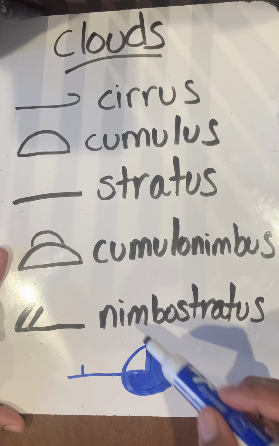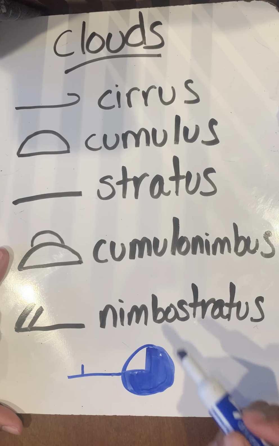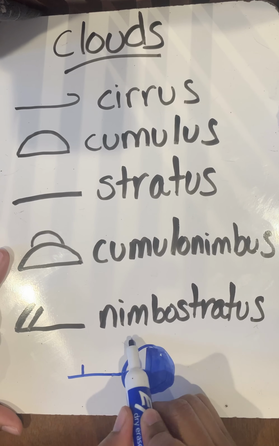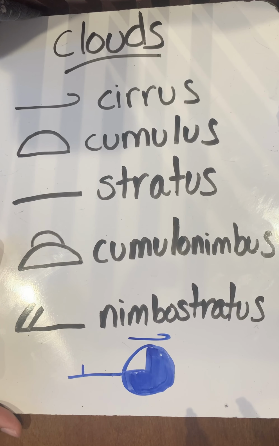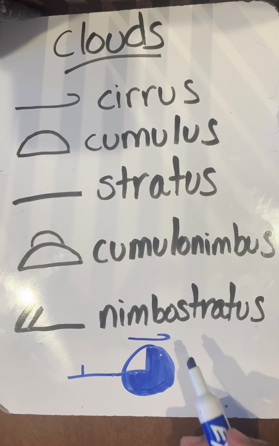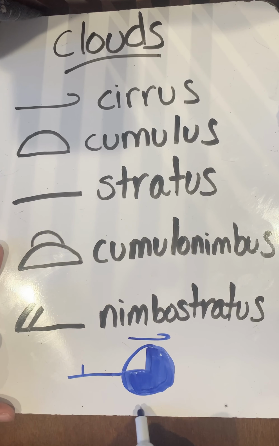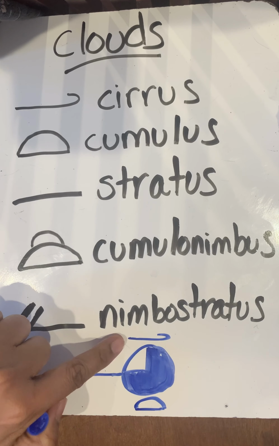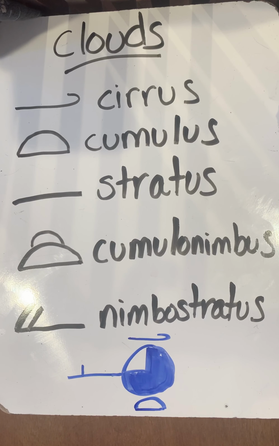Let me move this up so you can see it. So the clouds go above or below the circle. Cirrus clouds are high in the sky, so I would put it here. The other two I've put down here. So I can say there are some cirrus clouds today, and I see some cumulus clouds today. So clouds always go above or below your sky coverage. All right. Remember, pause the video if you need time to copy this down.